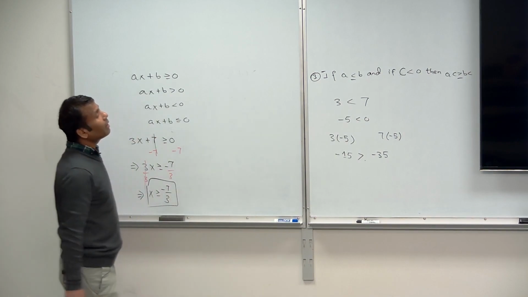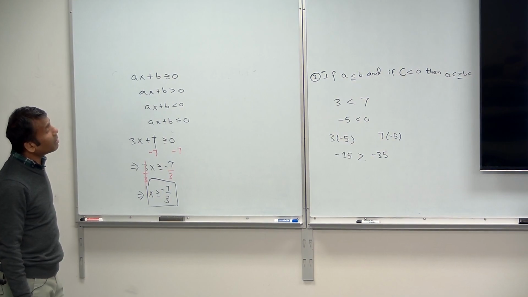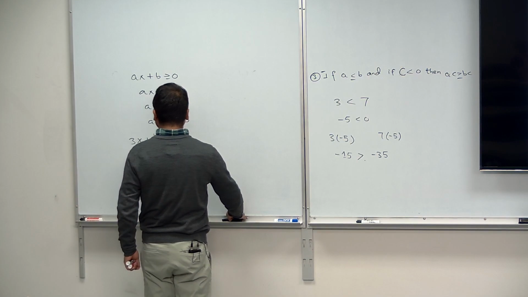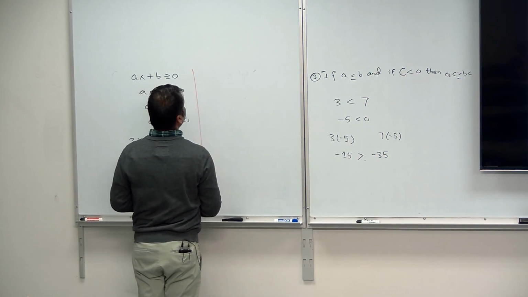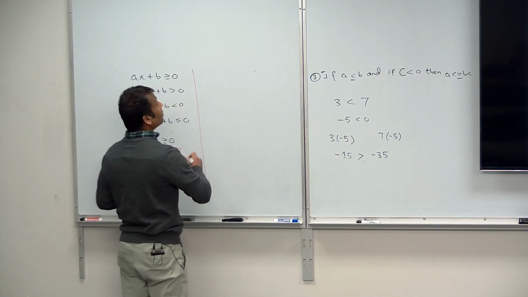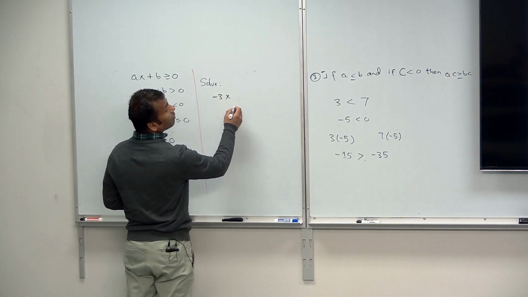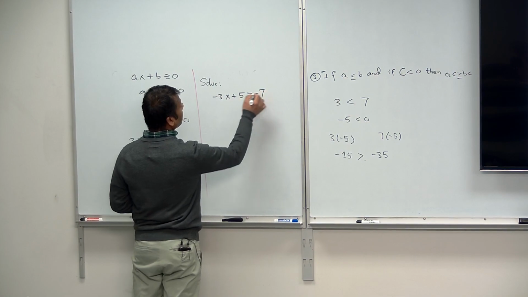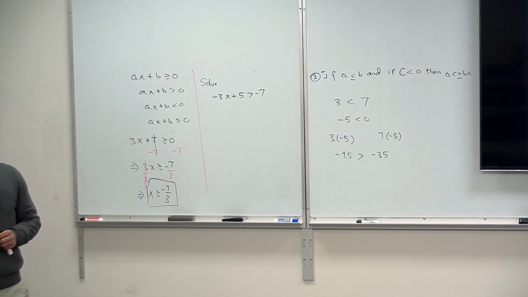Okay, so now let us solve this inequality: negative 3x plus 5 is greater than negative 7. So how do you solve this?